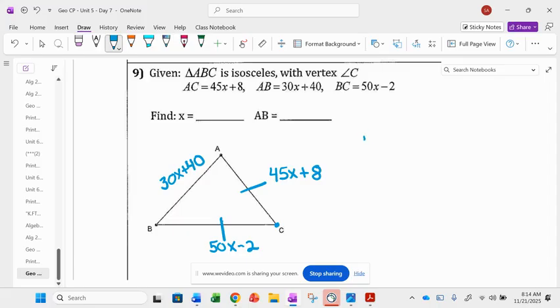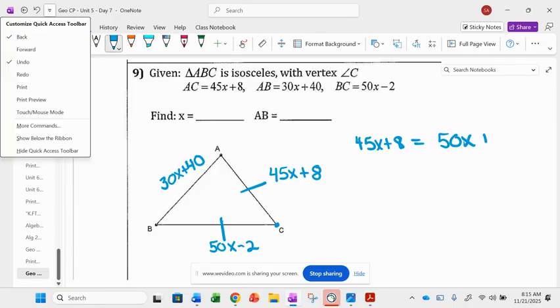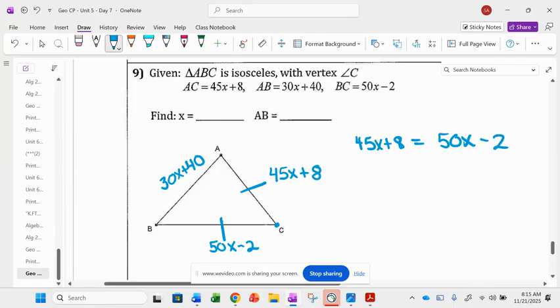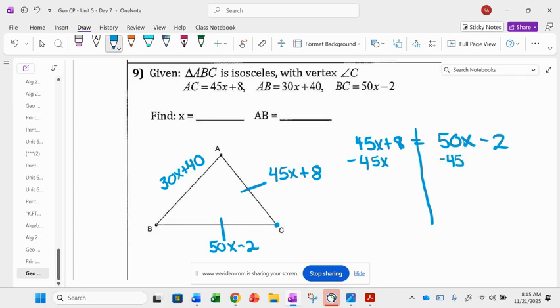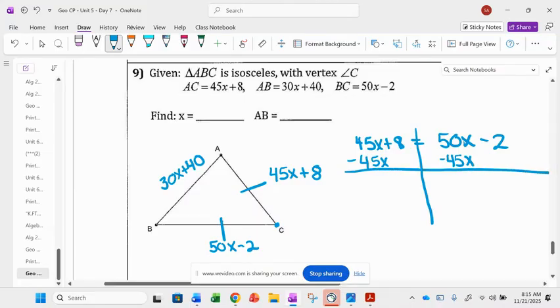Sebastian? Excellent. Because these two sides are congruent, I can set their expressions equal to each other. So now we're going to solve. So I'm going to subtract the 45x on both sides. So now I have 8 is equal to 5x minus 2.